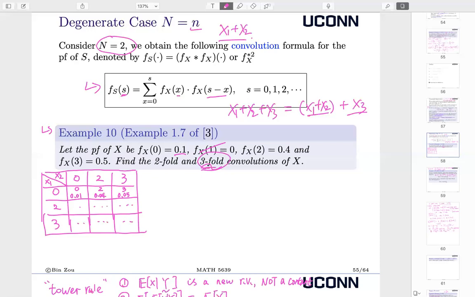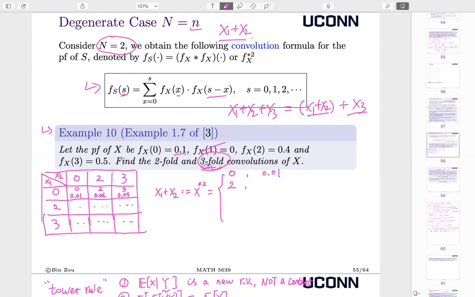Once you fill in the table, we can write down the probability function for x1 plus x2, which is the twofold convolution. Sometimes we may use this notation, which simply means the convolution of two identical copies of x. So you need to discuss all the possible values. You take 0 with probability 0.01. There's no way you get 1, but it's possible that you get 2.